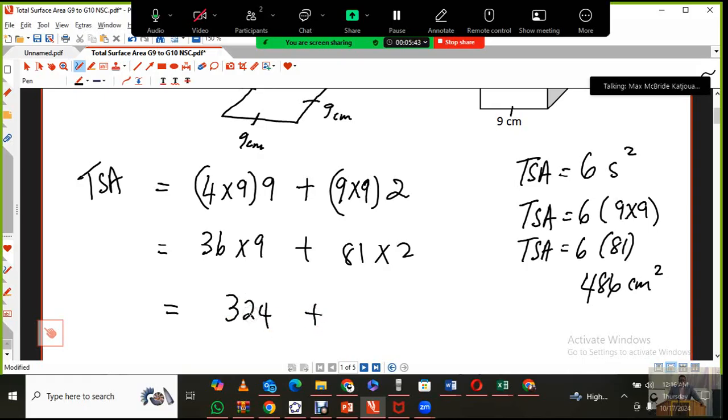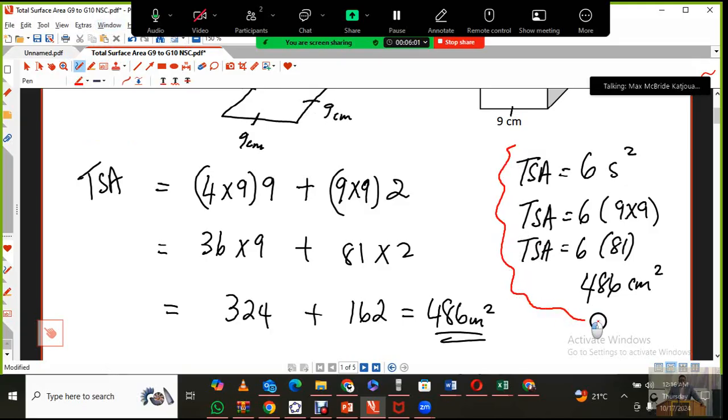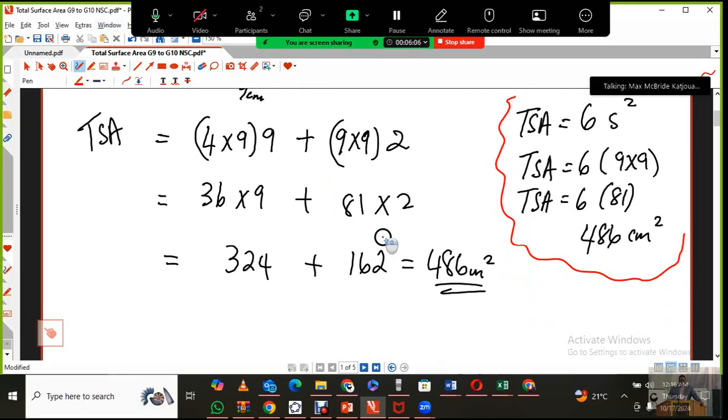And then 486. Okay. I was doing it step by step. But you see that you are going to get the same answer. All right. So obviously this is the one that you're supposed to be more used to. But the objective of this lesson is just to show you a different one. Okay.